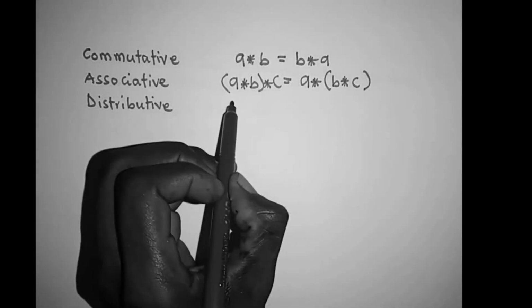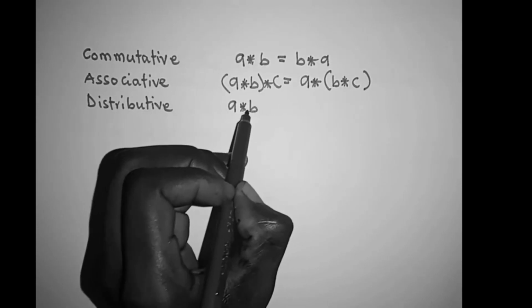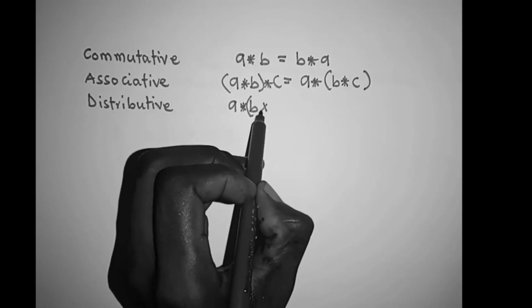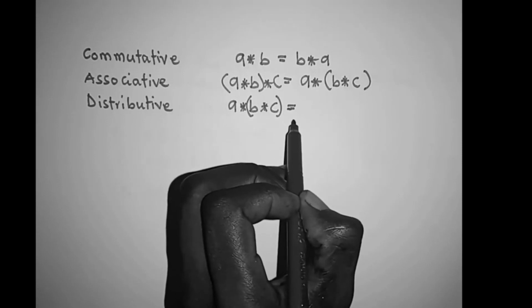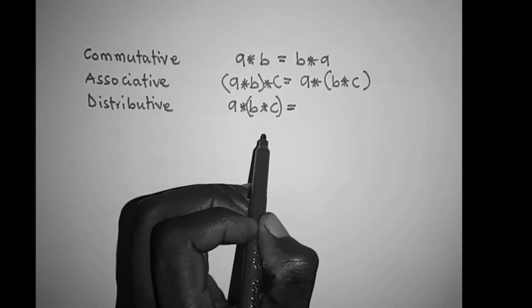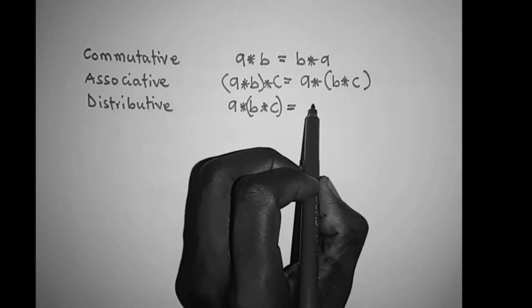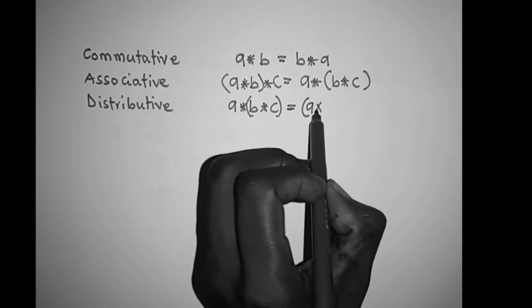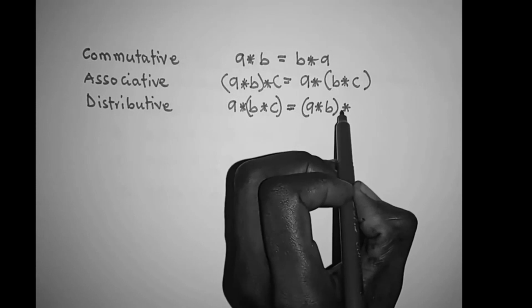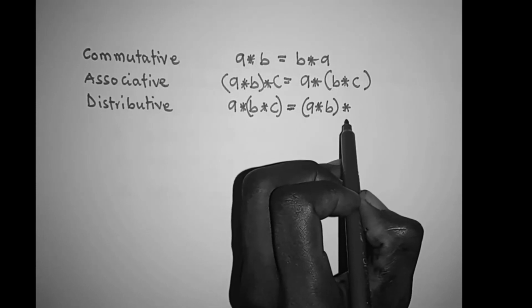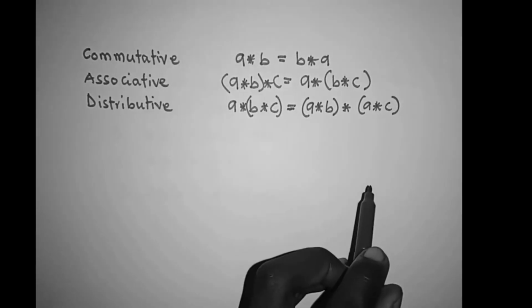And then the distributive is, for example, if we have A operation B operation C, the distributive says we can perform A operation B in one bracket, and then use it to perform another operation against A operation C in another bracket.